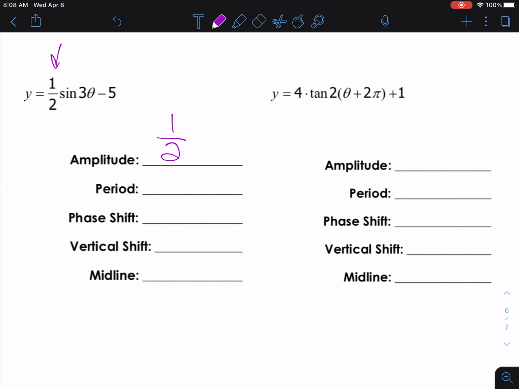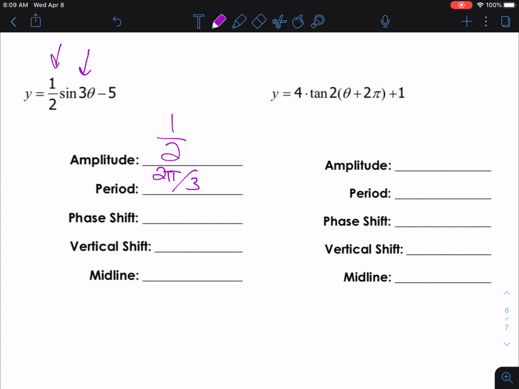For the period, for sine it's 2 pi normally, so we go 2 pi divided by b. B is 3, so 2 pi divided by 3. I can't simplify that anymore, so that would be my answer.